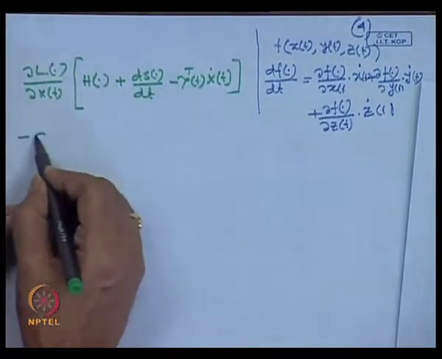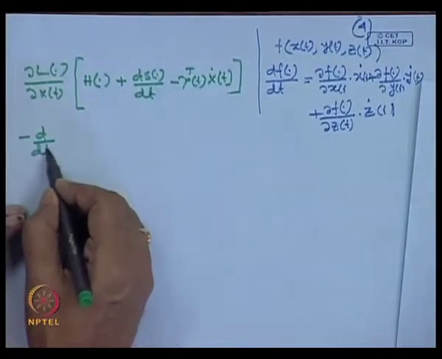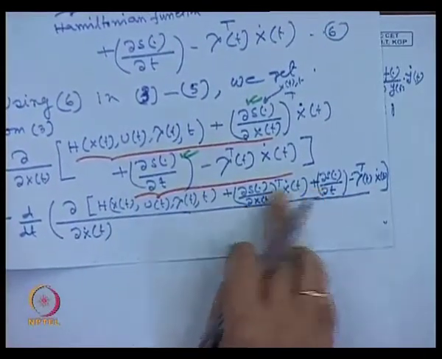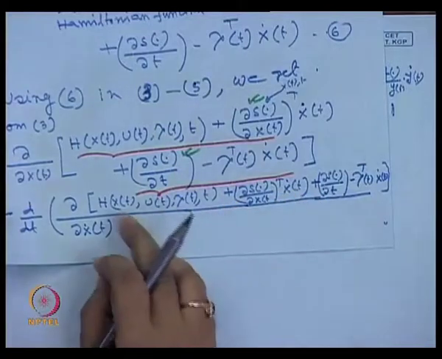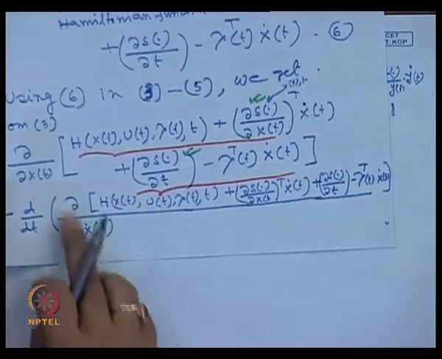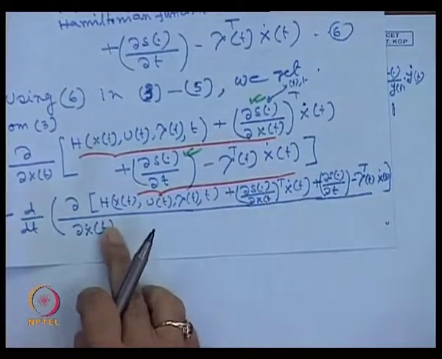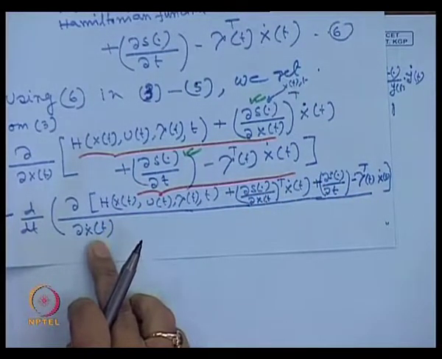Then the second part of the Lagrange equation, d/dt of this quantity, that whole thing, which you are differentiating with respect to x dot.